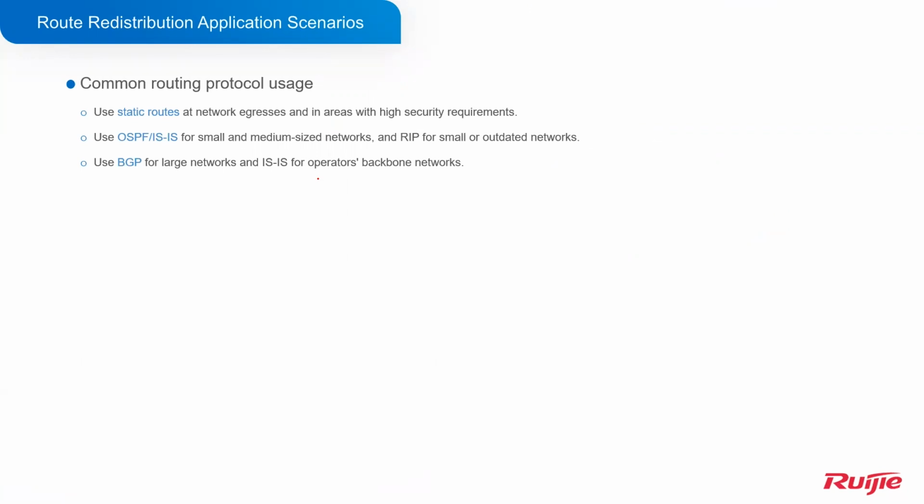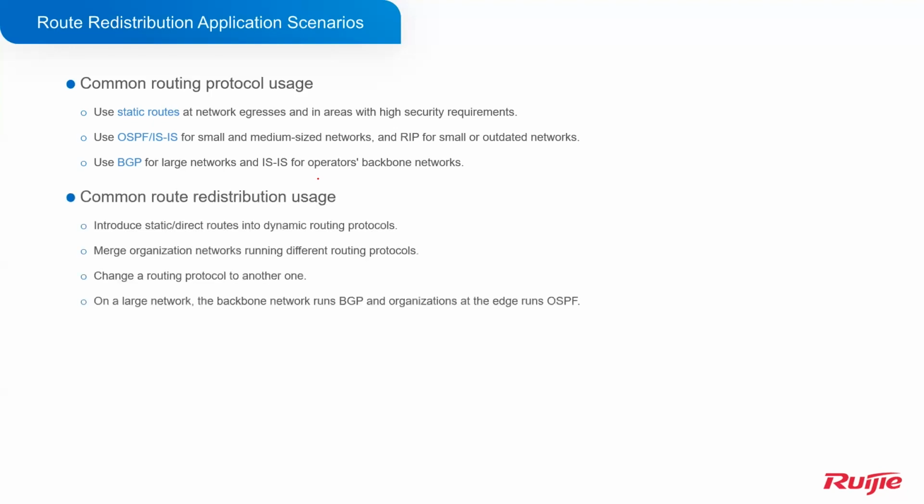And we use BGP for large networks and ISIS for operators' backbone networks. This is the application of different types of routing protocols. When you design a network, you should choose which protocol to use based on the real scenario.